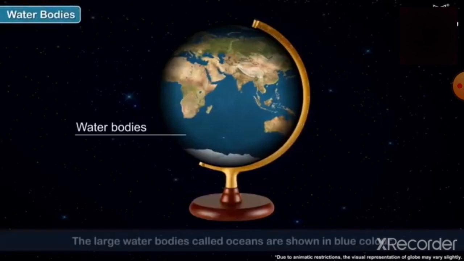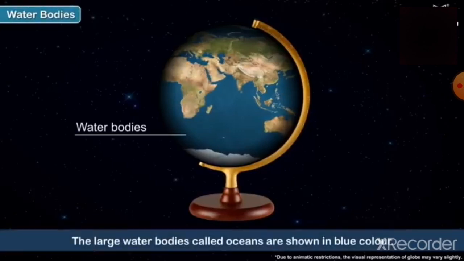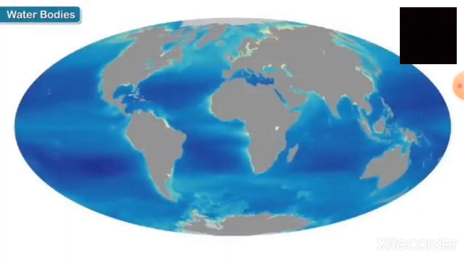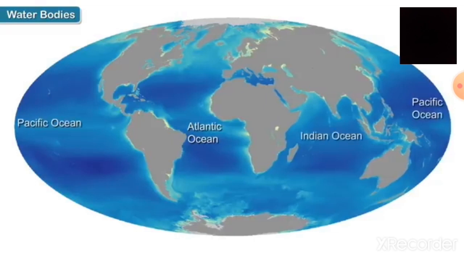Now, how do we see the water bodies? Water bodies are shown in blue color on the globe. Huge water bodies are known as oceans. They are Atlantic Ocean, Pacific Ocean, Indian Ocean, Southern Ocean, and Arctic Ocean.